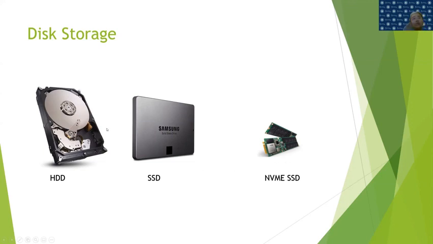Let's first go over the hard disk drive. The way it works is that there is a large disk in the drive that spins around, and while it spins, there is a mechanical pin that rests on the disk and reads information that way.